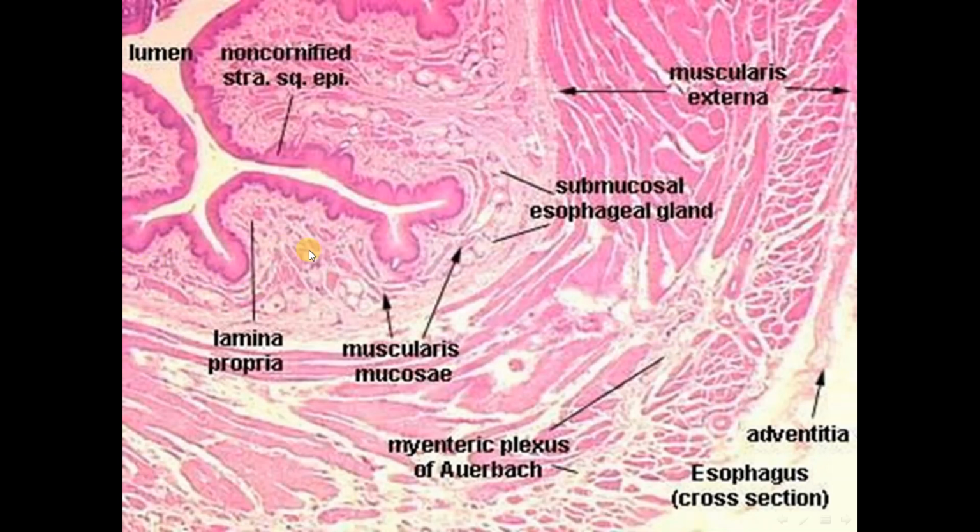The submucosa consists of the fibroelastic connective tissue اللي هو dense connective tissue that contains the large blood and lymphatic vessel with the nerve fiber اللي هو ganglion cell with the lymphatic nodule present in the region of the esophagus.